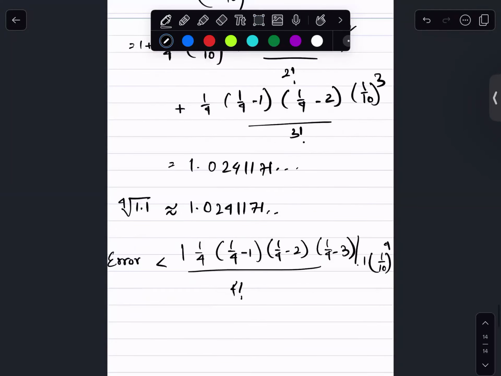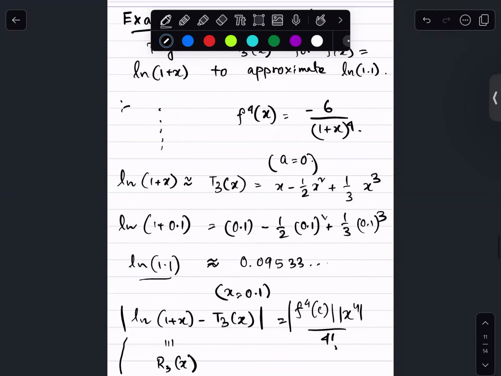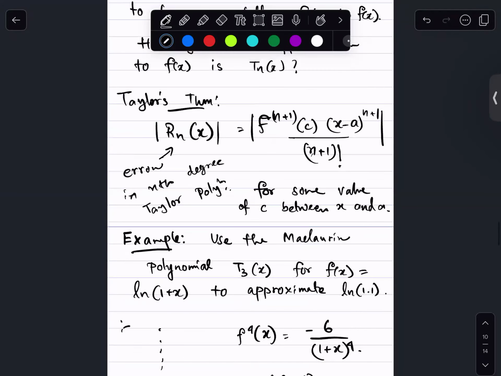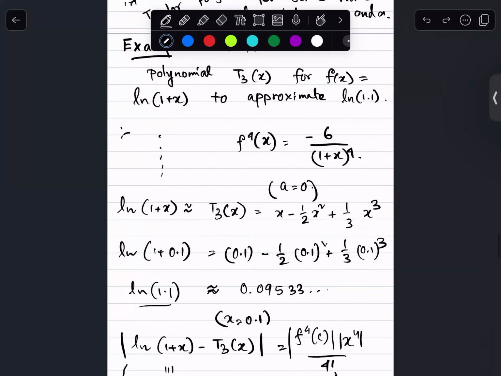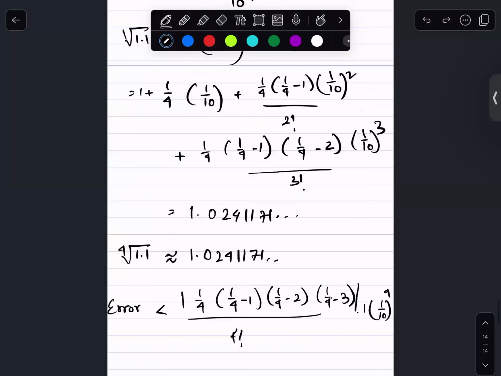So remember, this is a third degree approximation. If I go back to the formula, my n is 3. So I should be evaluating the derivative at the point c, and then x to the 4 over 4 factorial. That is what I have done there.